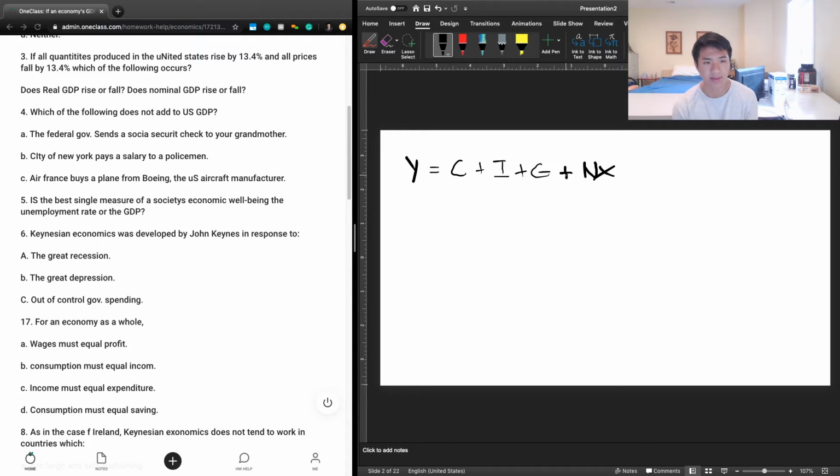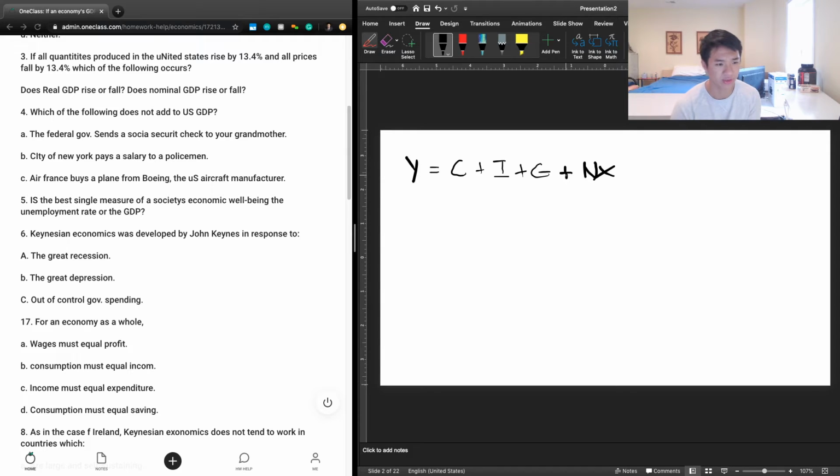A social security check is what we would consider a transfer payment of money from the government into the hands of your grandmother. It was not done in exchange for a good or service. It was simply a transfer of money. And so because by definition GDP does not include transfer payments, A is going to be a really strong contender for not adding to the US GDP.